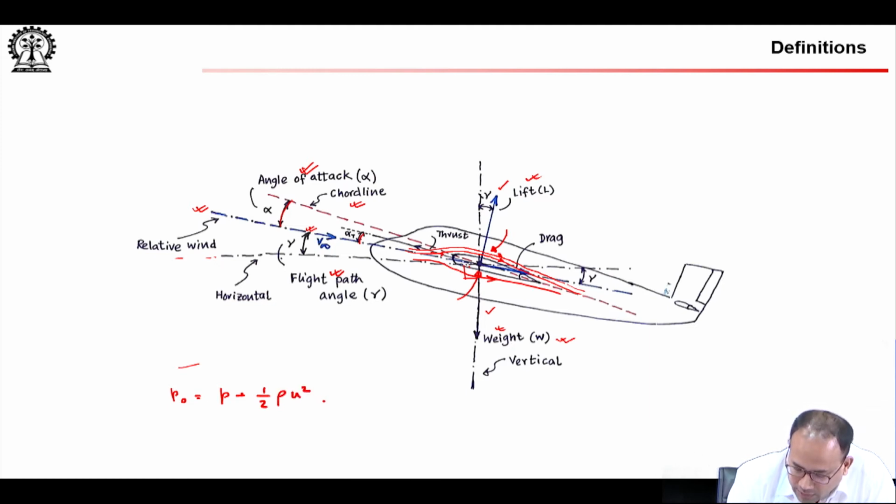If your u goes up, your pressure goes down. Since all these streamlines started from the same P naught, and the velocity on the top is higher than the velocity on the bottom on the average, the pressure on the top surface will be lower than the pressure on the bottom surface on the average.